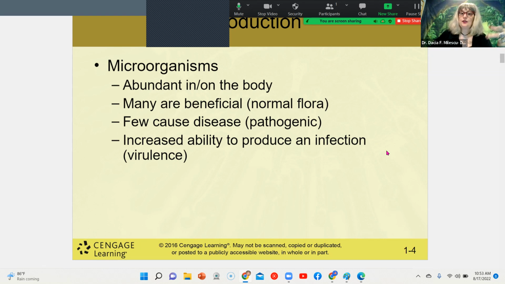In small amounts, just like normal flora, they are not virulent. Okay, they don't produce an infection. However, in large amounts, they do.